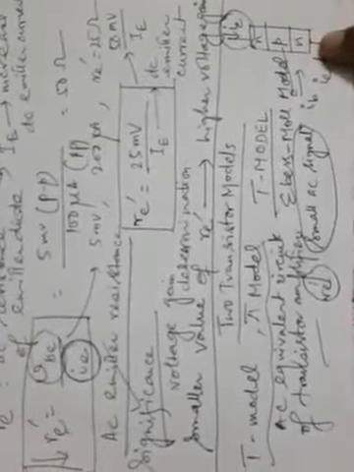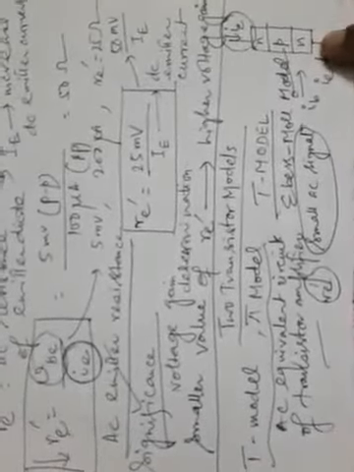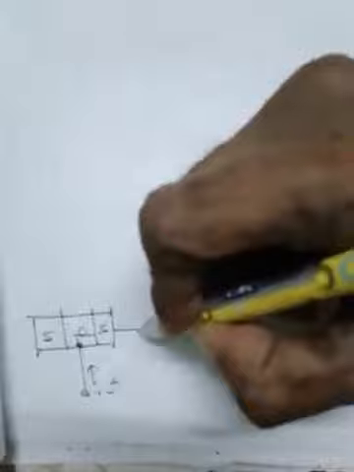So now let us see, if this is the BJT, how the equivalent circuit of this BJT will look in terms of the T model. This is my NPN BJT as I had drawn previously. This is IE, this is IB, and this is IC.